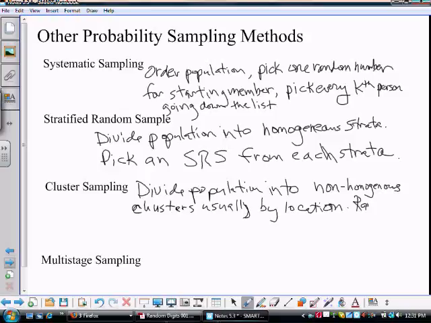And then you randomly select clusters, and you sample every person in the randomly selected cluster. We'll say all members.